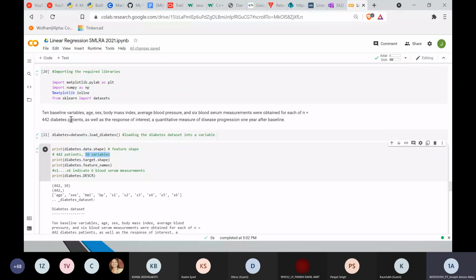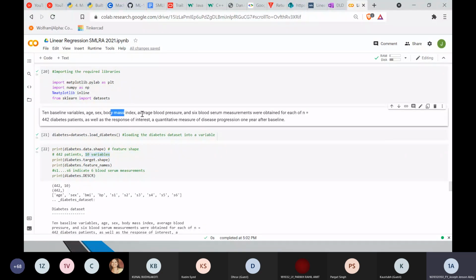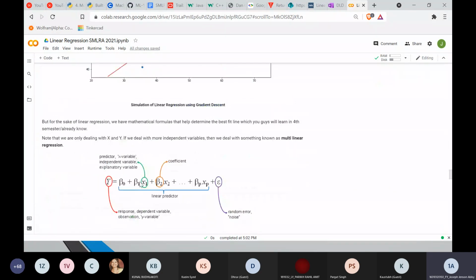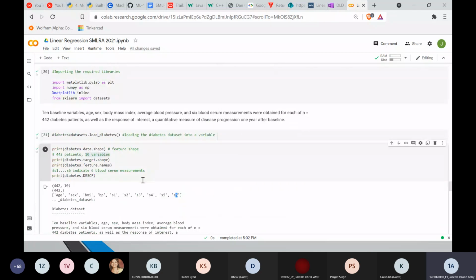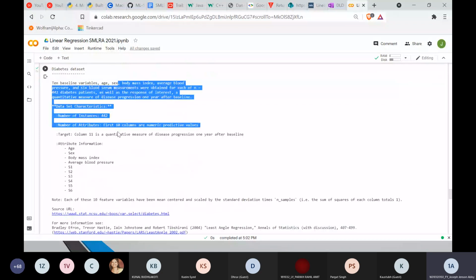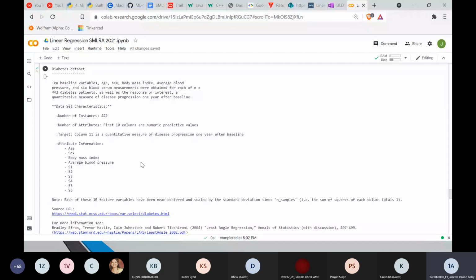There are 10 variables: age, sex, body mass index, average blood pressure, and 6 blood serum levels: S1, S2, S3, till S6. These are our xi values, as I mentioned, and it is giving the measure of diabetes. We are printing the description, so this is basically giving the information of the data which we have.